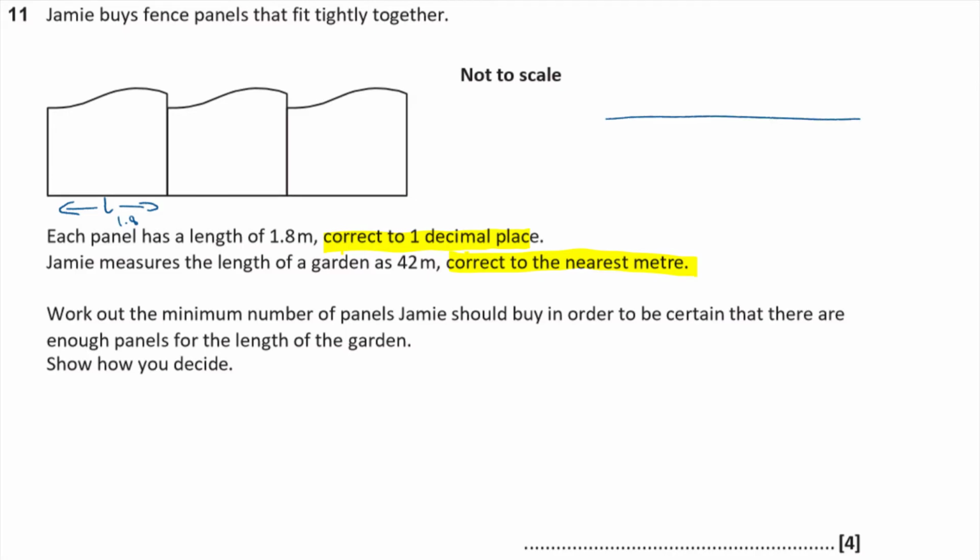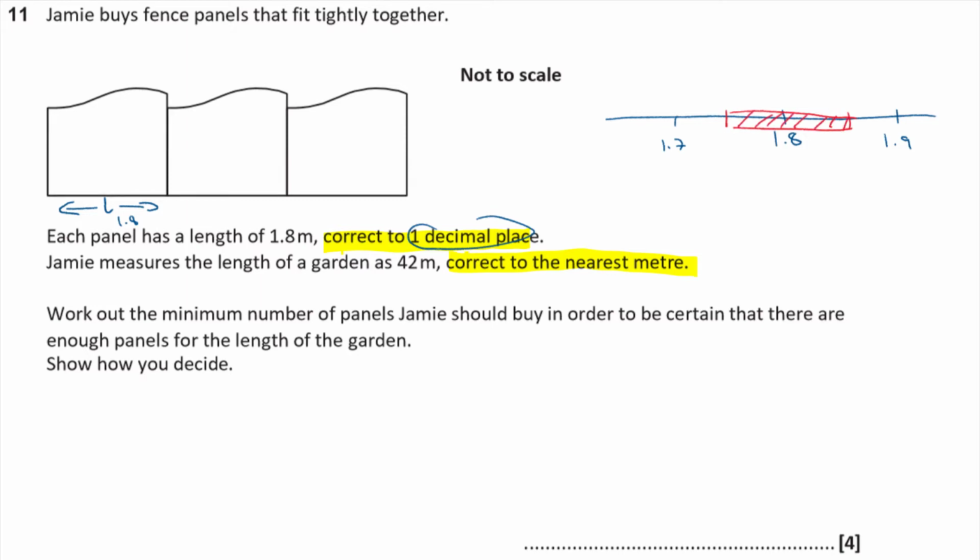If you think about a number line with 1.8 marked upon it, now if you're going up in 1 decimal places, then the next one up on the scale would be 1.9, and the one below it would be 1.7. Now the values that round to 1.8 are going to be the ones that are halfway between those or nearer. So kind of this area, this is the bit that rounds to 1.8.